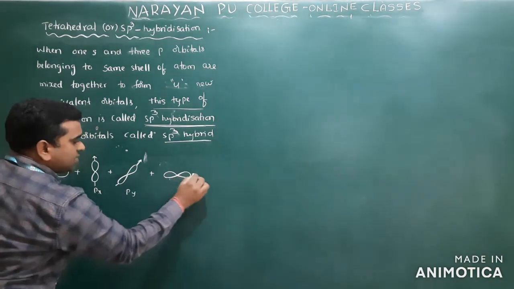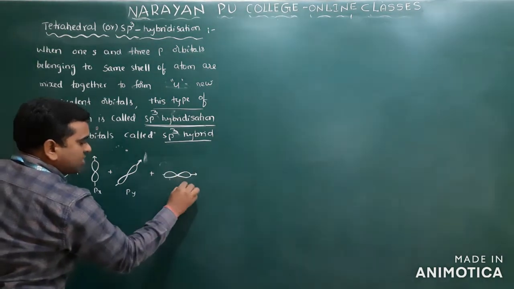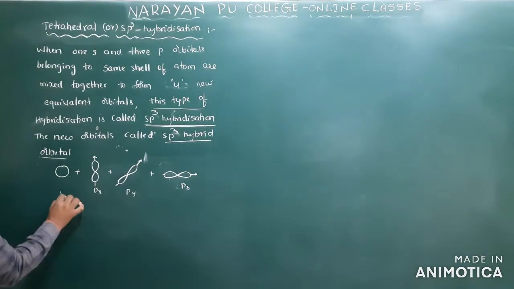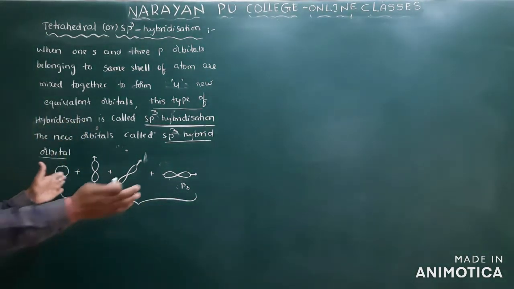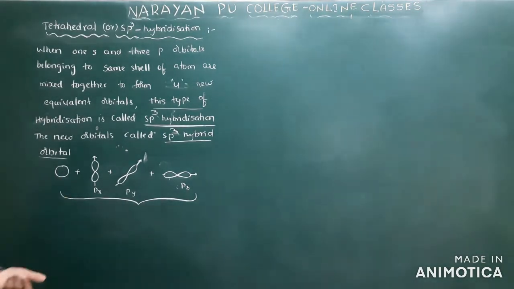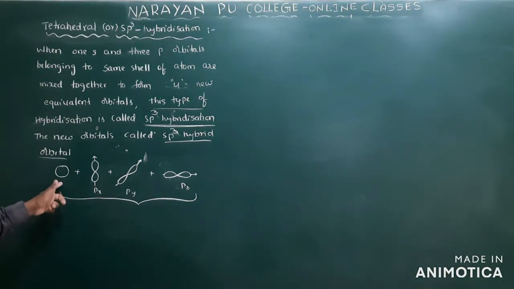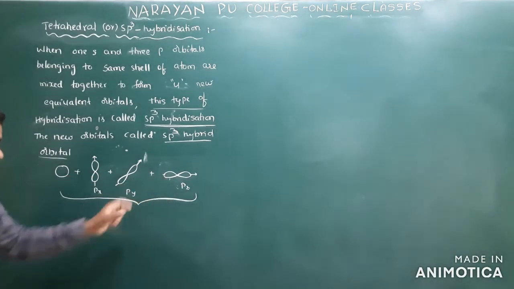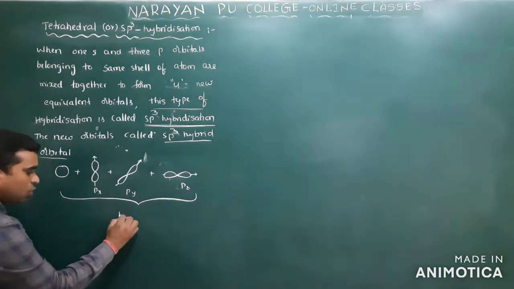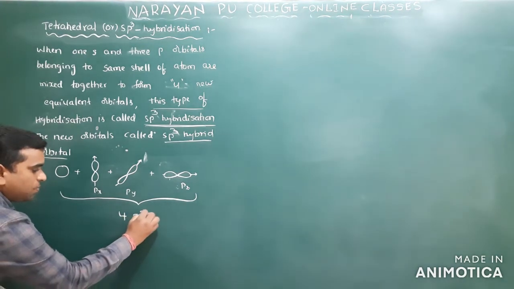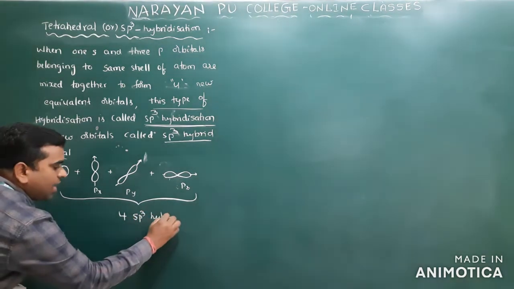All these atomic orbitals of an atom are mixed together and form how many hybrid orbitals? 4. Because the number of atomic orbitals involved is the number of hybrid orbitals you will get. Clear? So that's why you will get 4 sp3 hybrid orbitals.